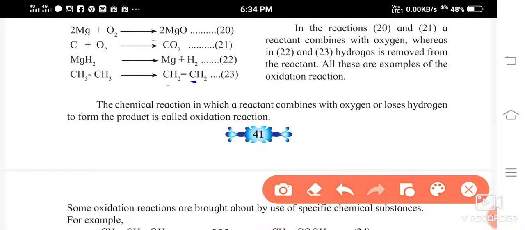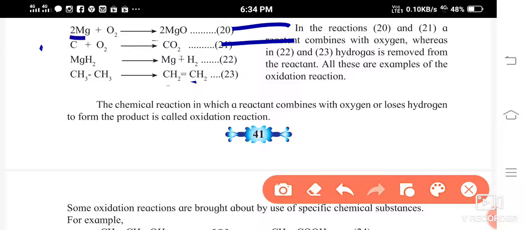In these two equations, what happened in both cases? Oxygen was gained, that is, both the reactants combined with oxygen.